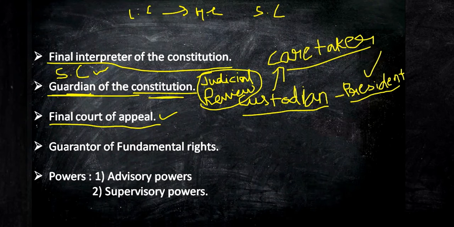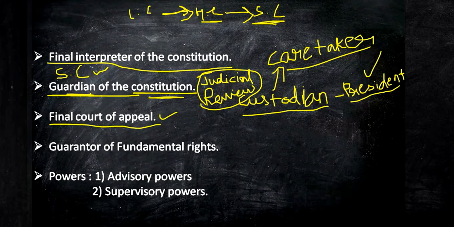Then he moved to the high court and even there he didn't get justice. Then from the high court he moved to the Supreme Court. Now the Supreme Court has become the final resort for his justice. So it is the Supreme Court finally where a person can appeal for justice. Is it clear? So that's why the Supreme Court is considered the final court of appeal.